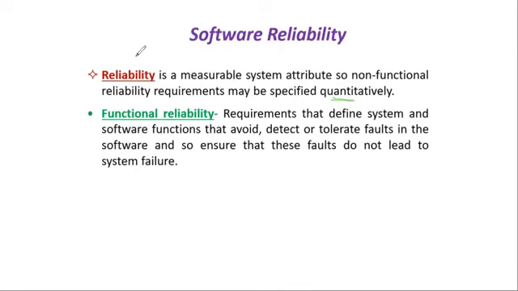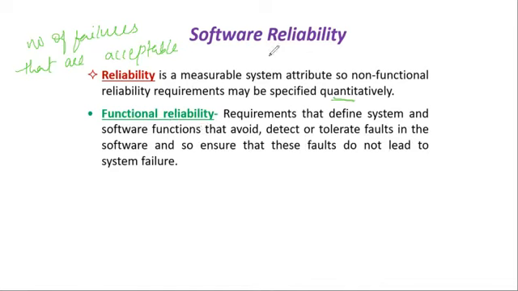This is going to define the number of failures that are acceptable during the normal use of the system. That is your reliability. Now, what is functional reliability? Functional reliability means requirements that define system and software functions that avoid, detect, or tolerate faults in the software and so ensure that these faults do not lead to system failure.